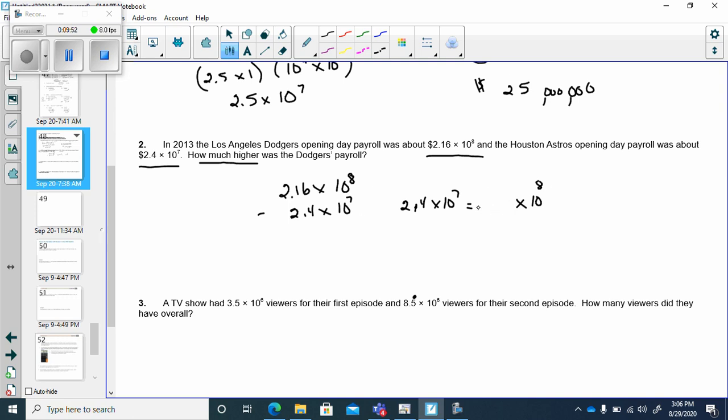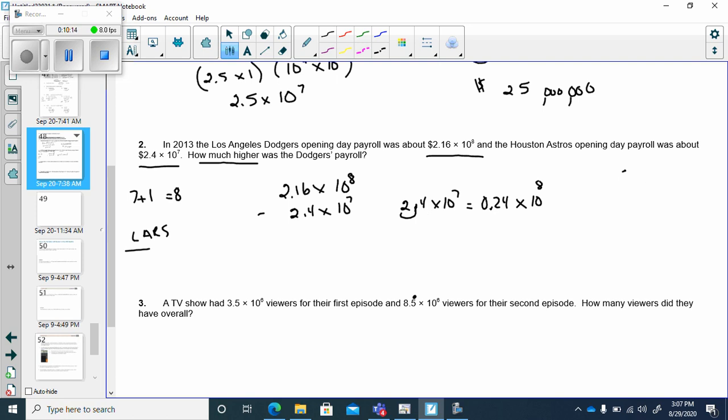When I'm going from 7 to 8, what am I doing? I'm adding 1. If I add, I go left, okay? So I move the decimal one place this way. 0.24, 0.24 times 10 to the 8th.